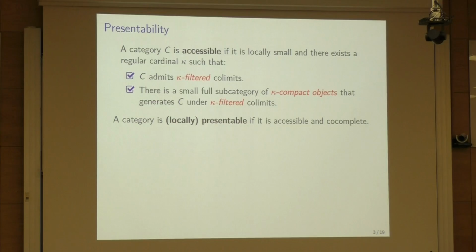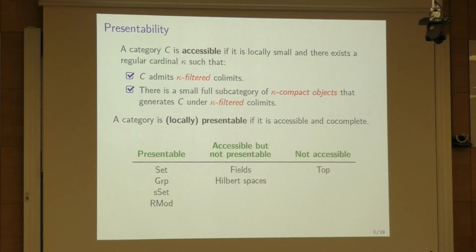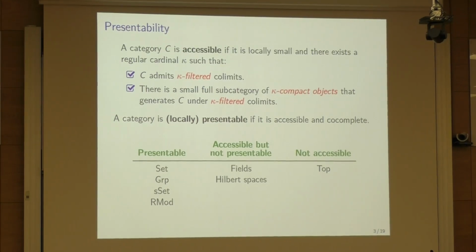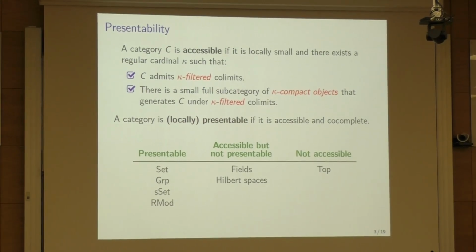If we have an accessible category, we can define what was classically called locally presentable, but nowadays is normally just called a presentable category: an accessible and complete category. The main categories normally considered are presentable, for example sets, groups, simplicial sets, etc. There are well-known accessible but not presentable categories, like fields and Hilbert spaces.